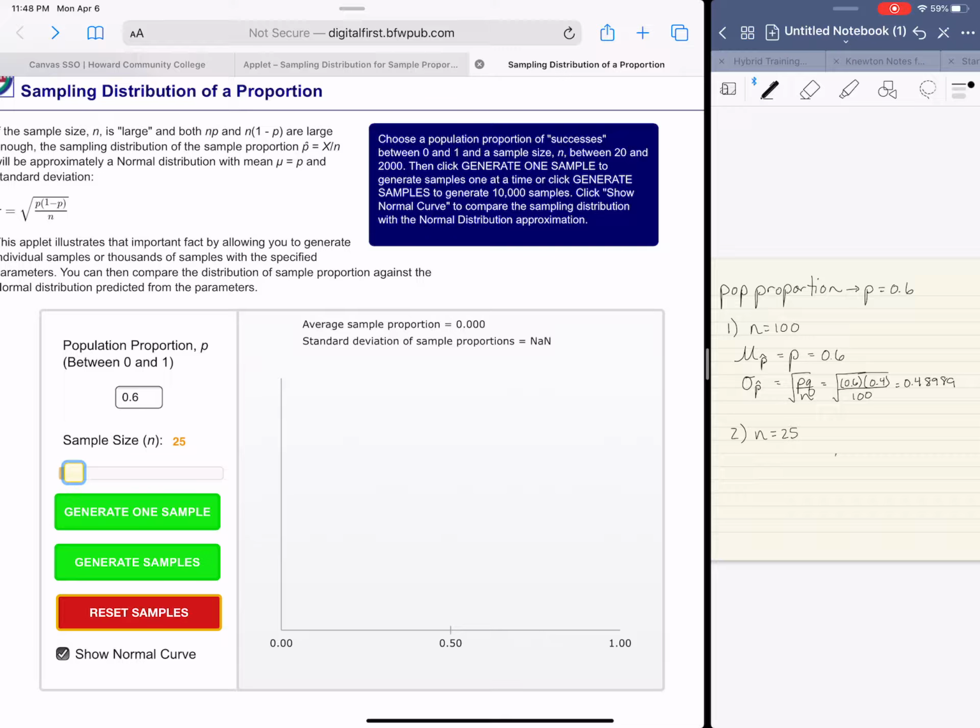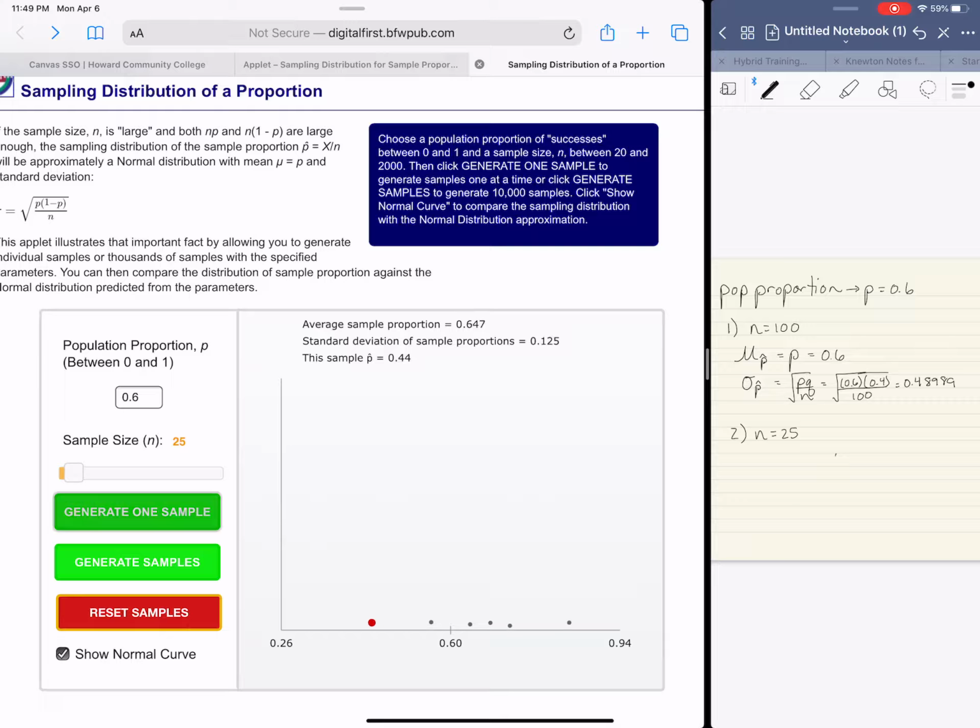And let's see if anything changes. So again, I'm going to generate one sample. I got a proportion of 0.72, 0.64, 0.84, 0.68. So notice that I'm actually kind of far off from the average sample proportion.